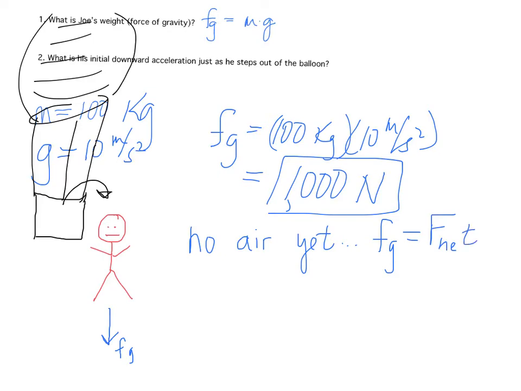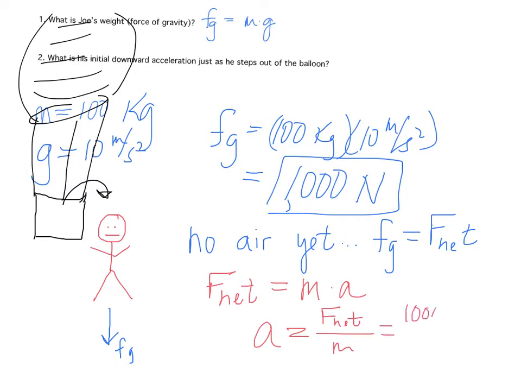So in that case, if I want to find acceleration, I know that F net is equal to m times a, and I'm solving for a, so I do F net over m, which gives me 1,000 over 100, and I am right back where I started.